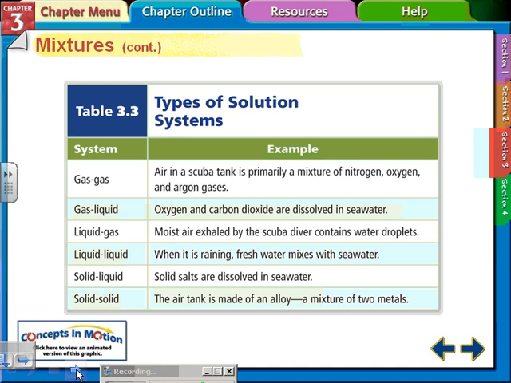The air that you're breathing right now is a combination of oxygen, nitrogen, and other trace gases. So that's considered a gas-gas mixture. You can also have gases dissolved in liquids, like when you have carbon dioxide dissolved in water, that's carbonated beverages. So if you drink a Coca-Cola and you have the CO2 bubbles in there, that is a gas dissolved in a liquid. So you get the idea, you can look at those examples.